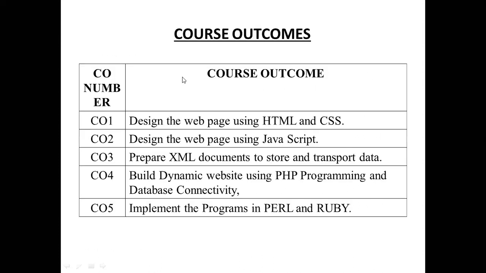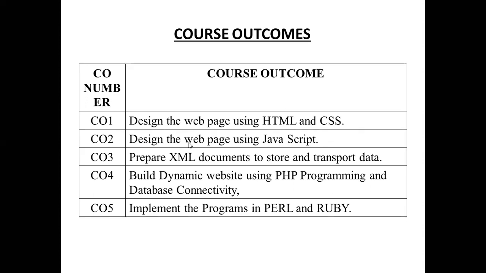Now we go to course outcomes. After completion of the course, you must be able to design a web page using HTML and CSS. That is unit 1. CO2, we have to design a web page using JavaScript.